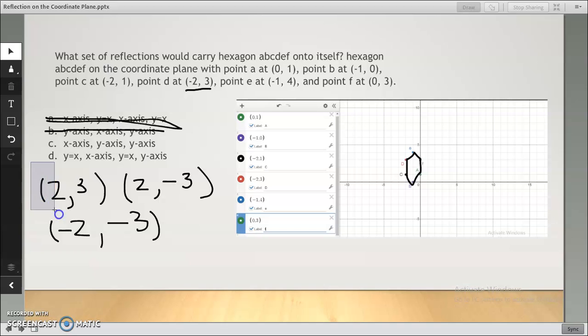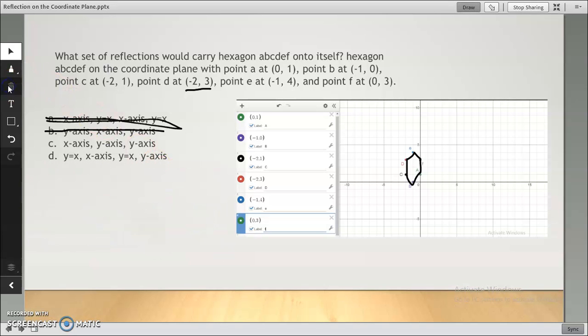Let's do C now. Some of you might be visual learners and you can see directly what happens when you start flipping it around. That's just not the case for me, so it will be hard for me to show you in that way. All right. The next one. So first I'm going to flip it over the x-axis. So that's going to be (-2, 3).